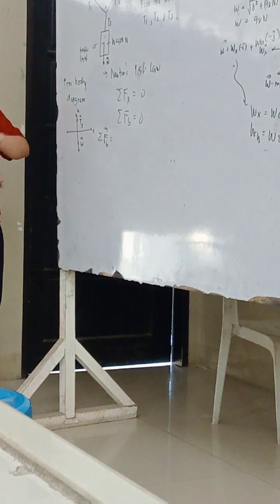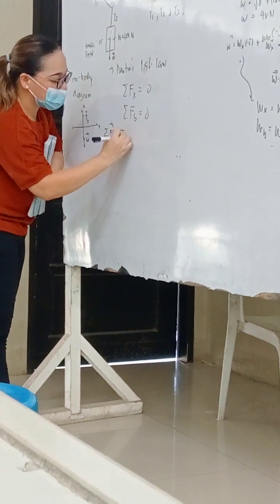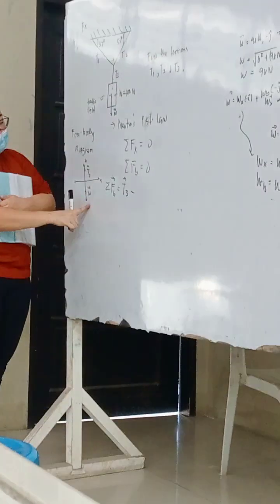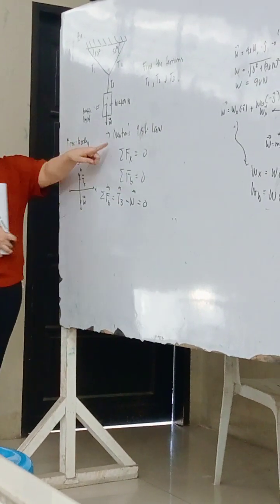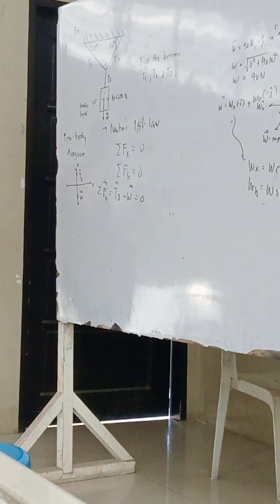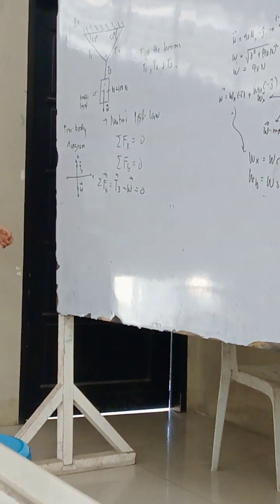In this case, we have positive T3 minus W. And according to Newton's first law of motion, this equals 0, because the object is at rest.